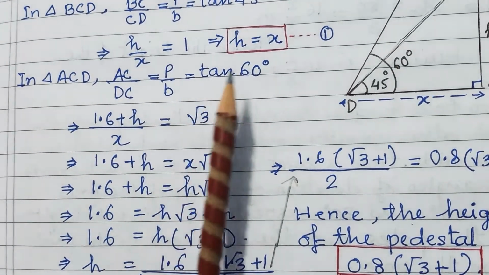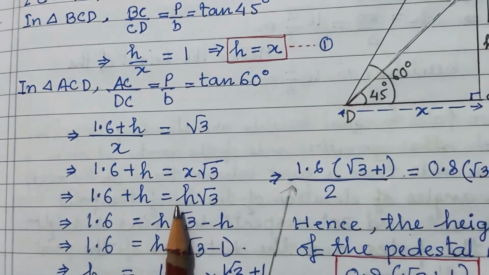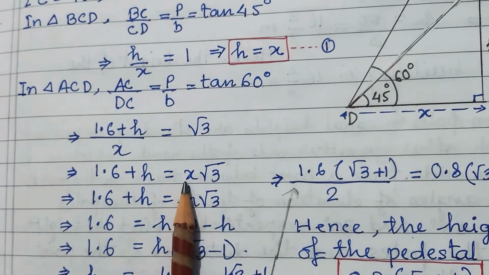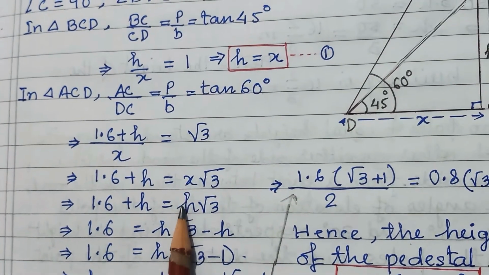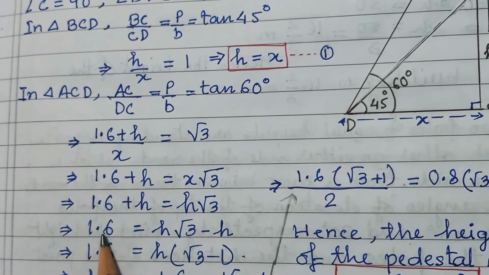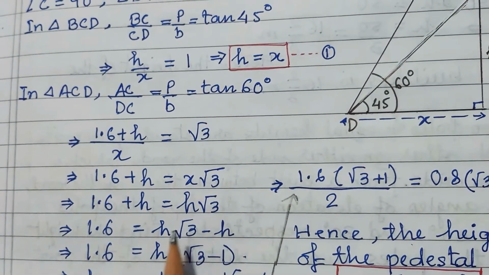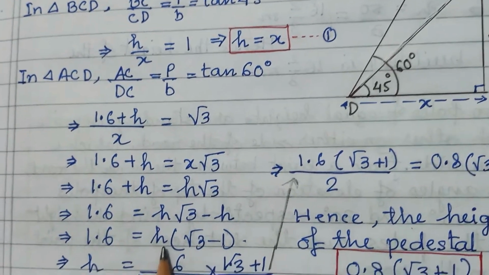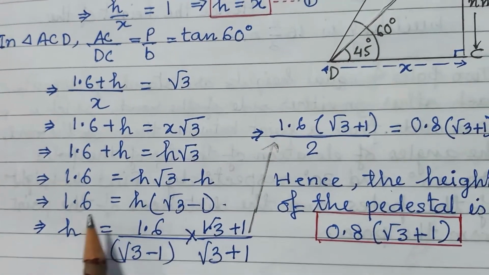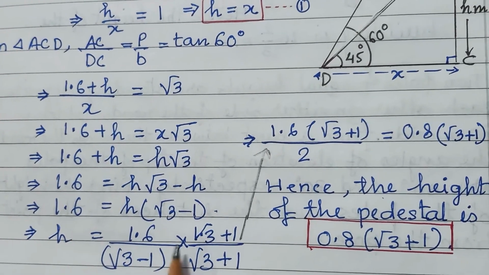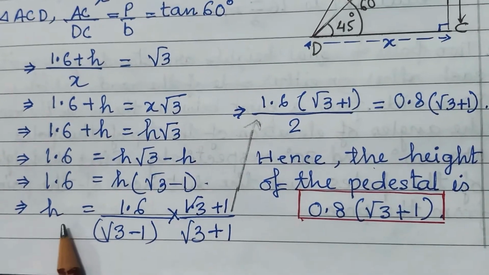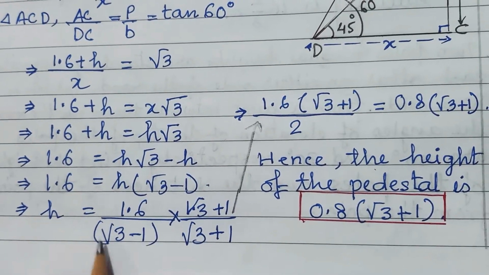Now substitute the value of x. Instead of x write h. So 1.6 is equal to, h should be on that side, h into (root 3 minus 1) is equal to 1.6. Now h is equal to 1.6 upon (root 3 minus 1).